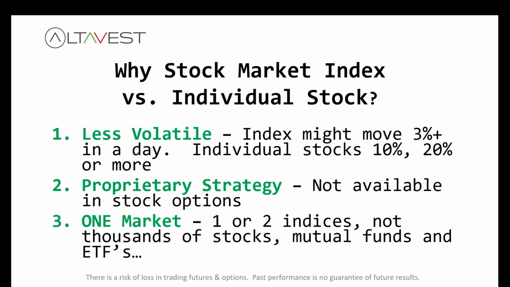Kind of self-evident, but they're less volatile compared to an individual stock. We have a proprietary strategy that really will not work with stock options. And we're going to look at just one market. We can trade just 1, 2, or 3 markets and not have to follow 4, 5, or 6,000 other securities.